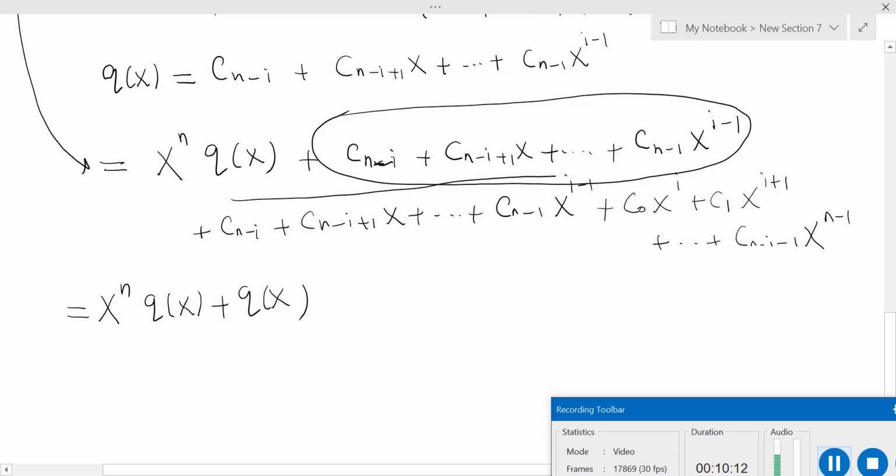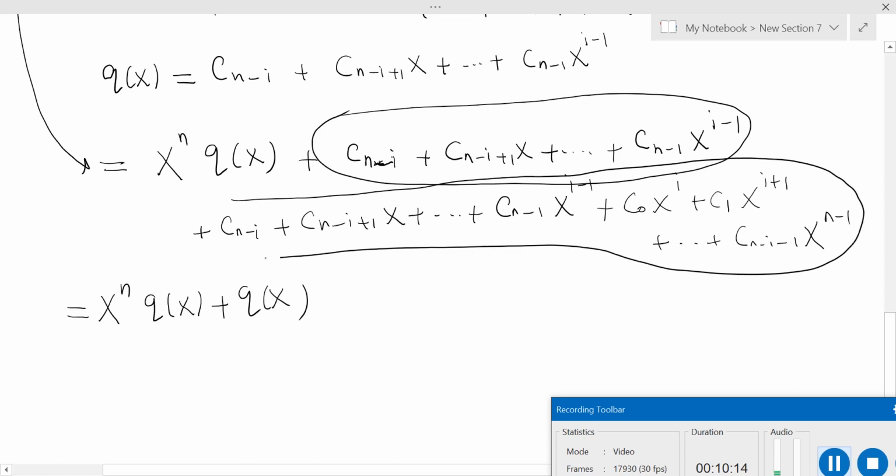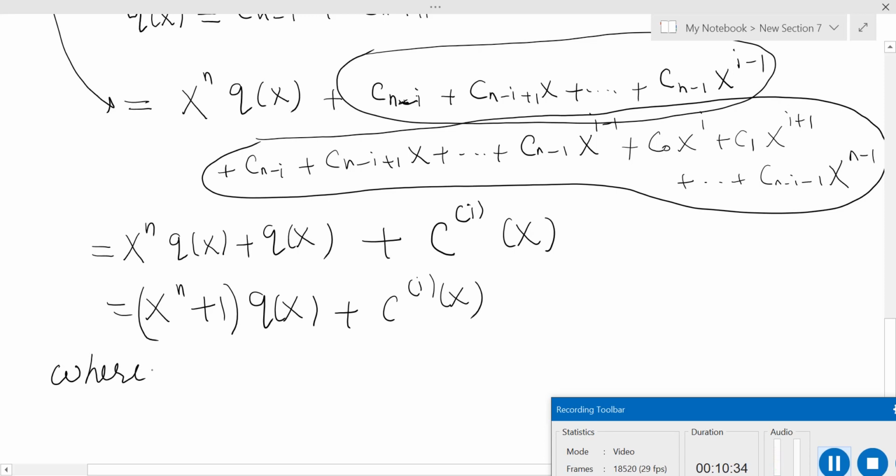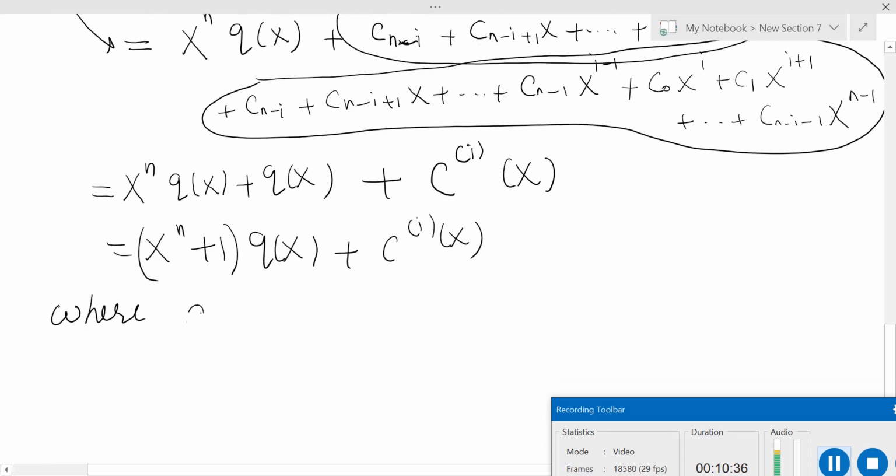Now this polynomial, I will give it a notation of c bracket I of x, and hence it becomes x to the power n plus 1 times q of x plus ci of x, where what is this ci of x?